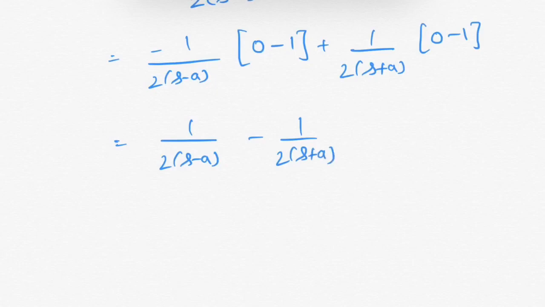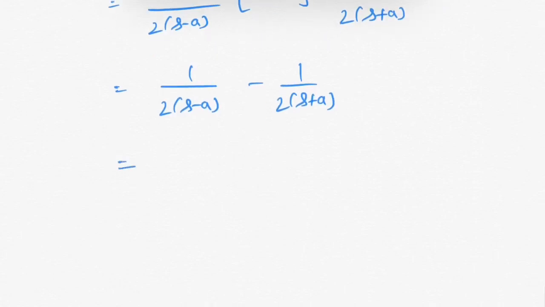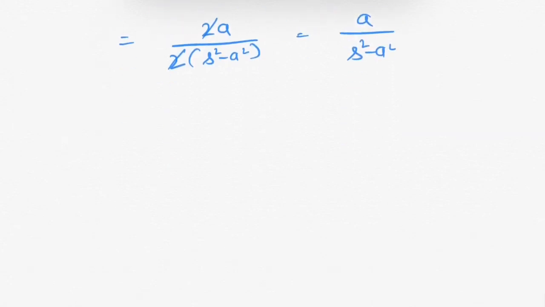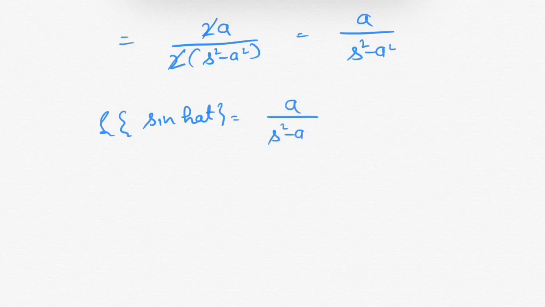Okay, so on simplifying we have this equals 2a over 2(s square minus a square). Okay, 2 can be cancelled out and this equals a over s square minus a square. Hence, Laplace transform of sine hyperbolic at equals a over s square minus a square.